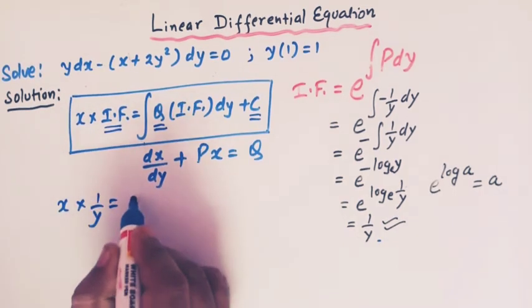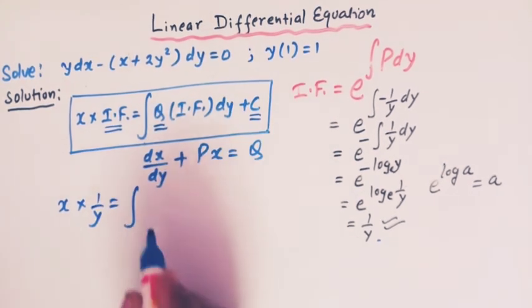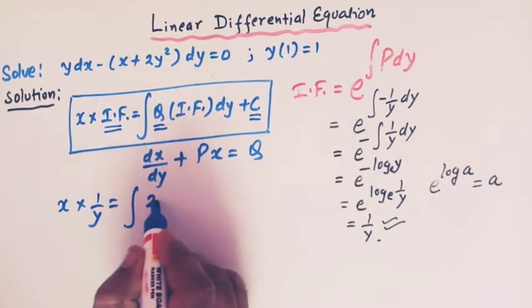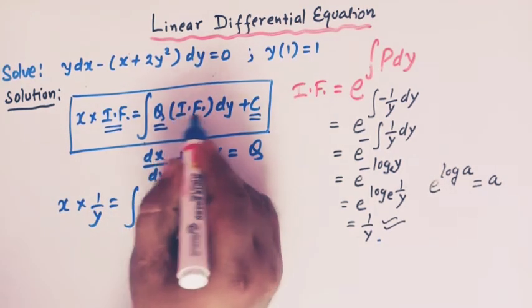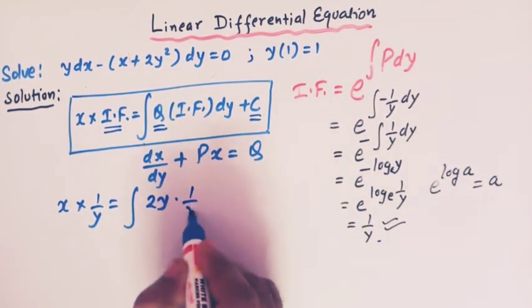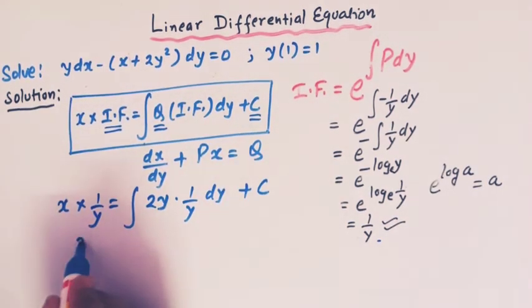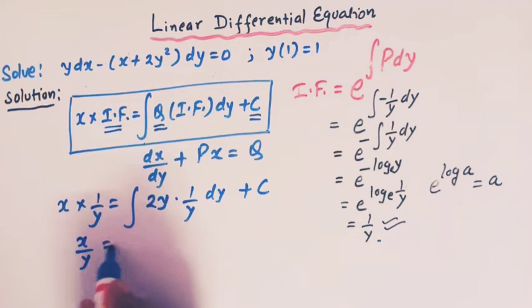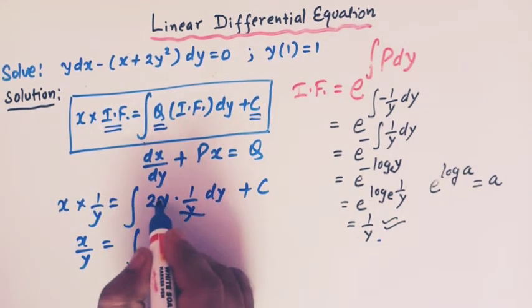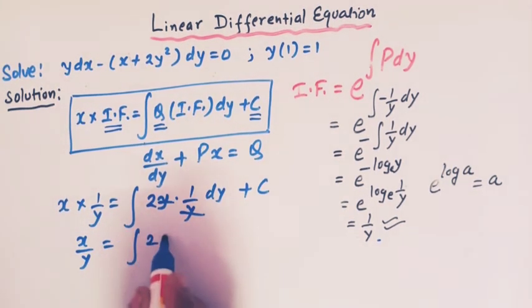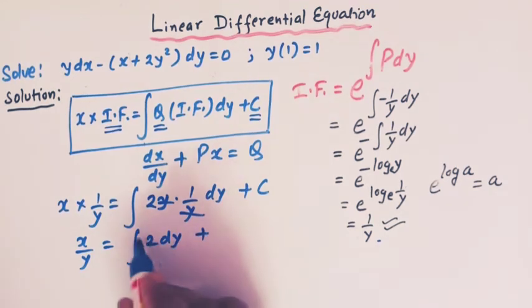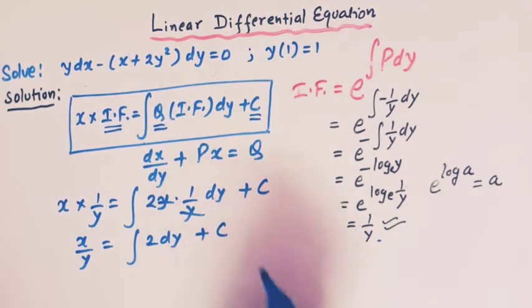and here we have the value of Q as 2y, and the integrating factor is 1 over y, dy plus c. Now this is x over y, and here y and y get cancelled, so we have the integral of 2 dy plus c.